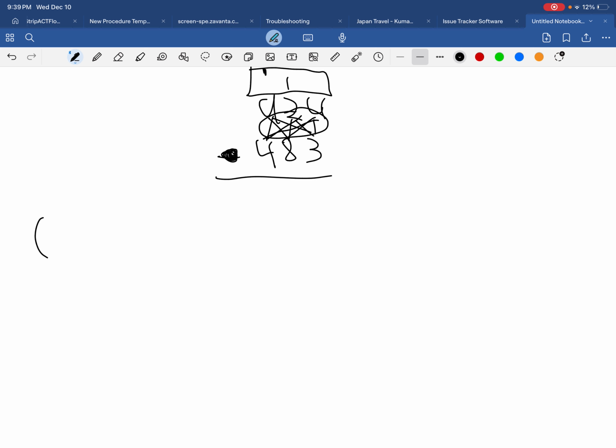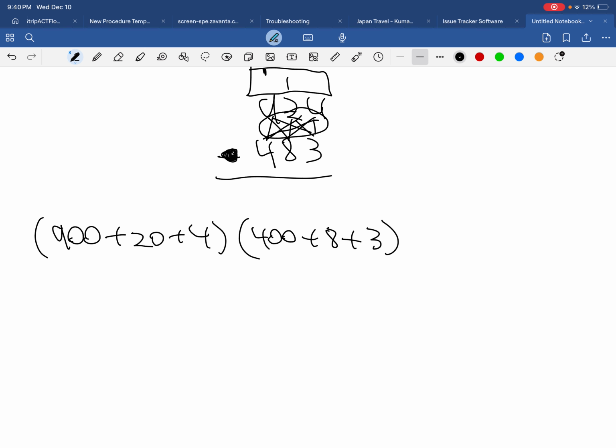The reason for that is, as we know, multiplication is distributive. 924 is the same as writing 900 plus 20 plus 4, and 483 is the same as writing 400 plus 8 plus 3.